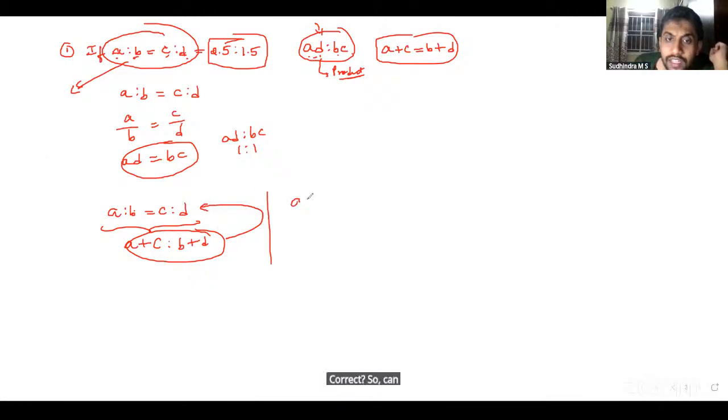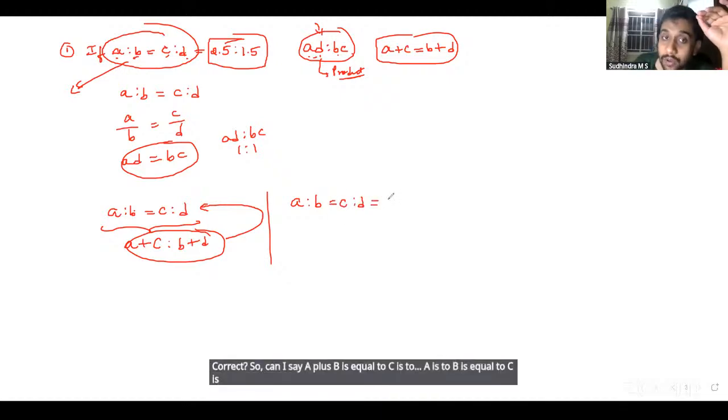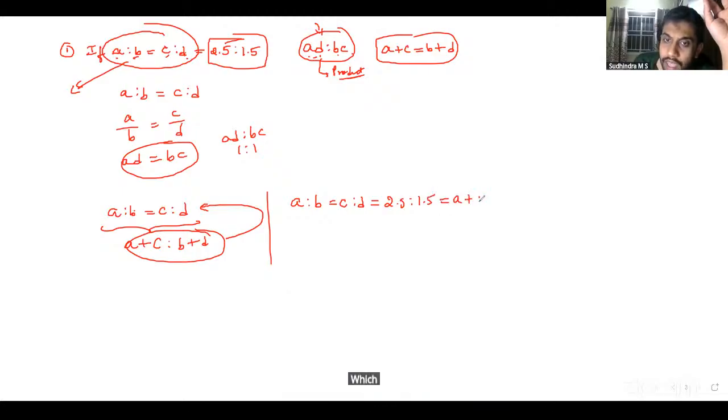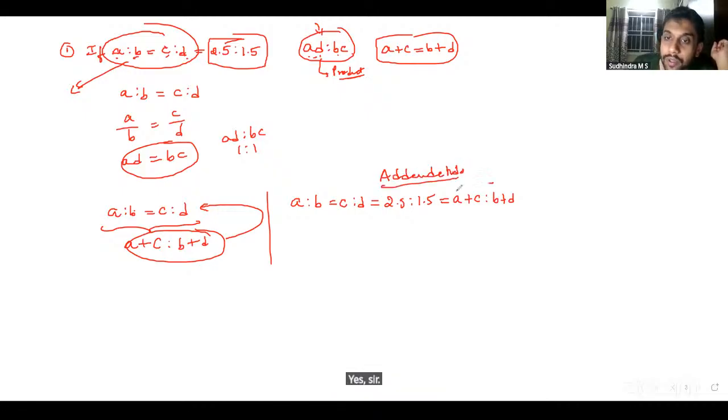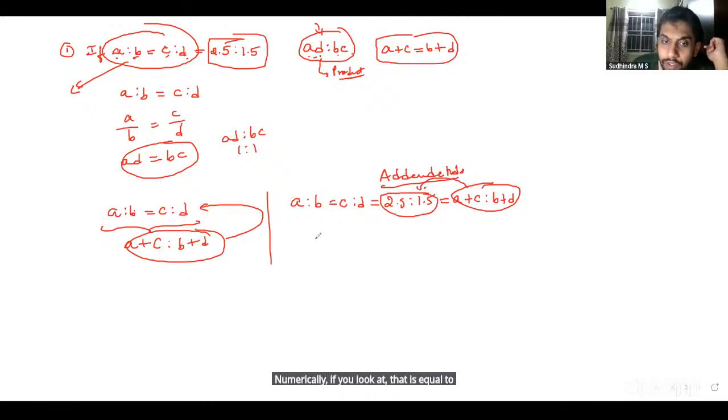So can I say A is to B is equal to C is to D equals 2.5 is to 1.5, whatever they have given us, which would be equal to A plus C is to B plus D. Yes, sir. Yes, because of the addendo property. Now we want A plus C is to B plus D. Numerically, that is equal to 2.5 is to 1.5.